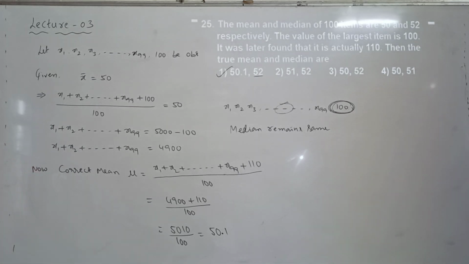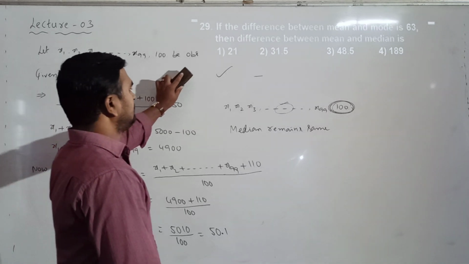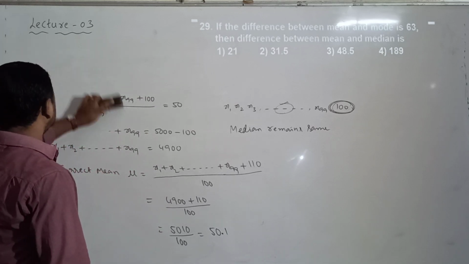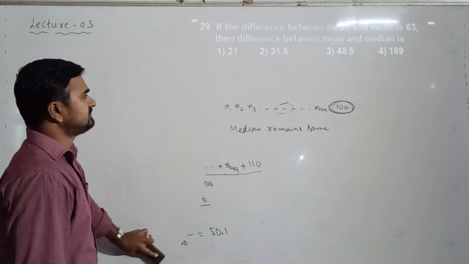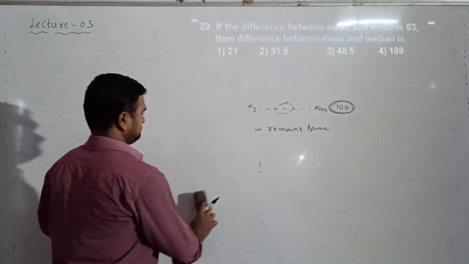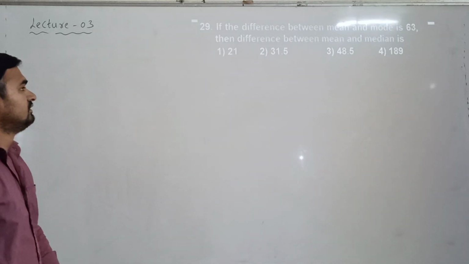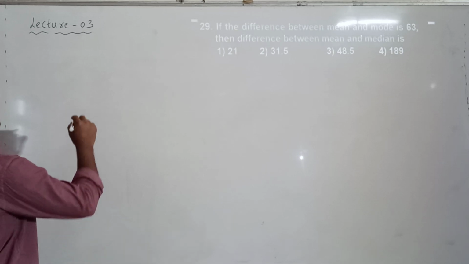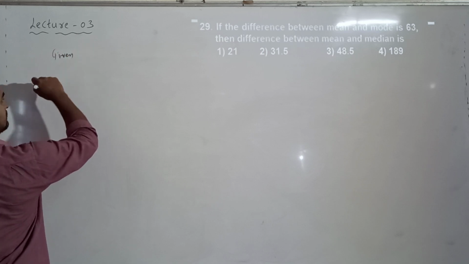Now let's see the next question. If the difference between mean and mode is given as 63, then the difference between mean and median is what? The difference between mean and mode is given as 63.